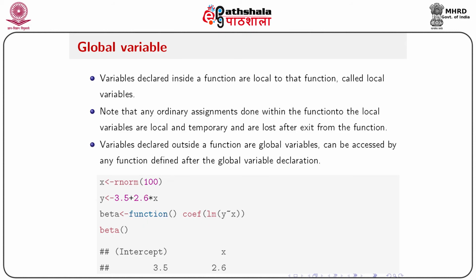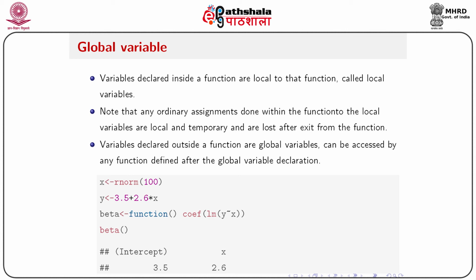Next we'll see the global variable. The variables declared inside a function are local to the function, called local variables. Note that any ordinary assignment done within the function to a local variable is local and temporary and is lost after exit from the function. The variables declared outside a function are global variables, and can be accessed by any function defined after the global variable declaration.